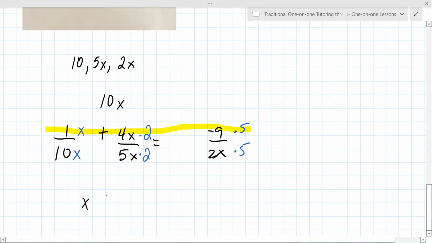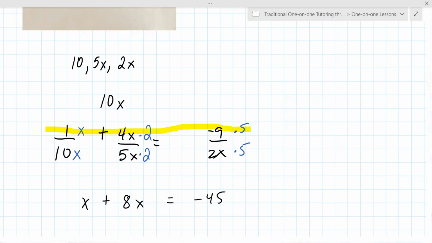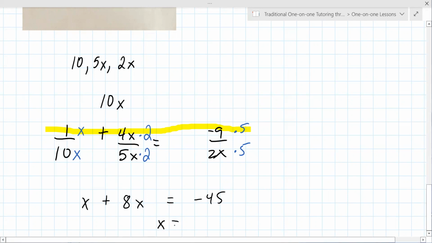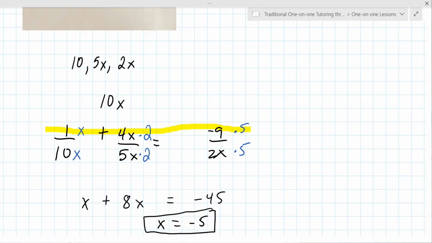Okay, so it's x plus 8x equals minus 45. So it'd be x equals -5. X equals -5. Very good. Now, is that a restricted value? No, not even close. So this is it.